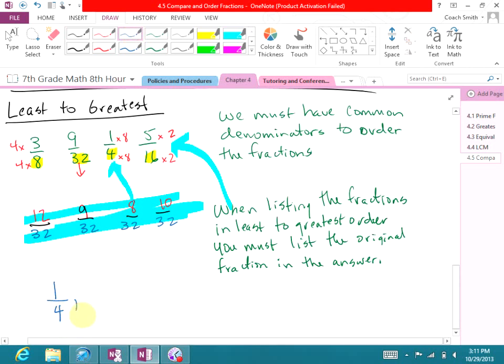Okay, what's the next smallest? 9 30-seconds. So I'm going to put it next. Okay, 10 30-seconds, which is 5 over 16. And then 3/8 is the largest.